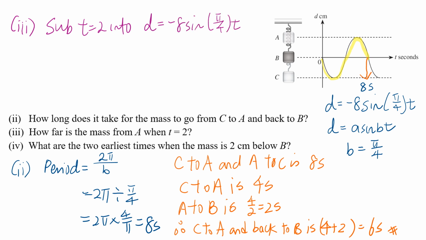So part 3: how far is the mass from A when T is 2? Likewise as what we've done earlier, substitute T to be 2. D is negative 8.